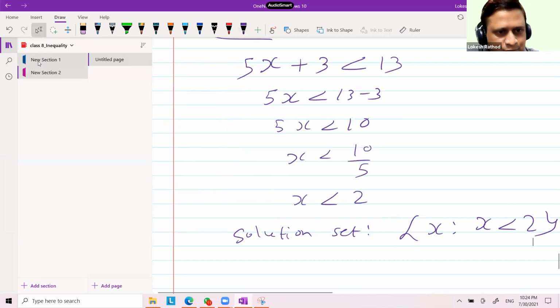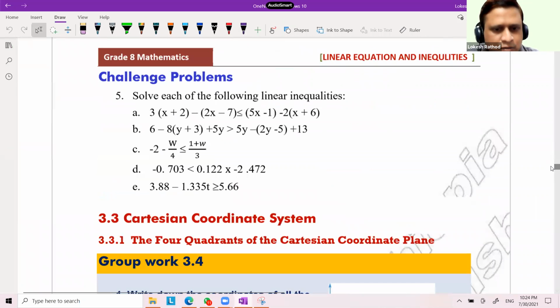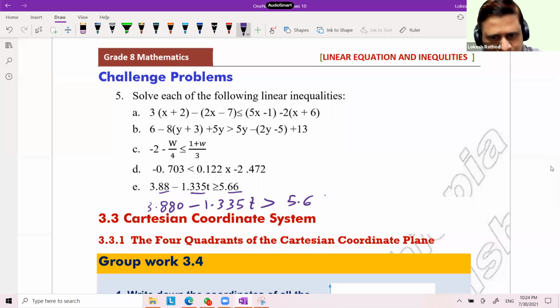Word problem, simple question. A few of the challenging questions, what does this say? Whenever a decimal is involved, as I told you, after the decimal there are 2 places, then 3 places, and then 2 places. So you simply do it like this: 3.880, 1.335t, 5.660.